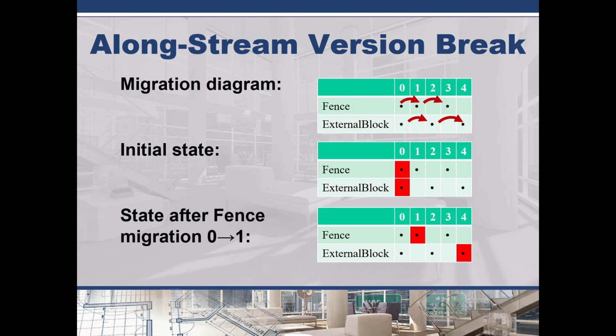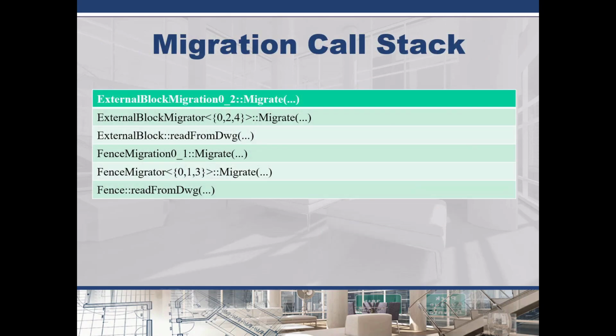External block is a nested object for fans. The header of the table stands for the version number. A dot in the cell means that there exists a corresponding version for these classes. Arrows designate migrations. Let's imagine that a file of 0 version is received. On reading, the migrator will be called.